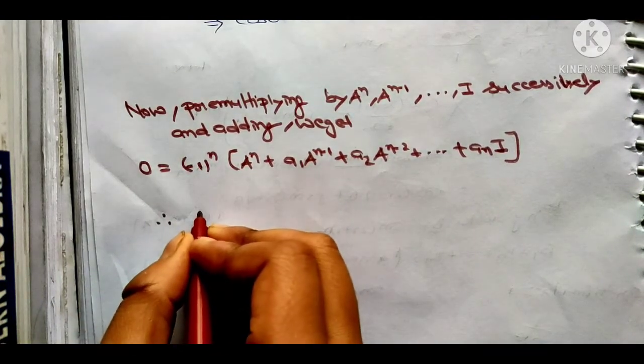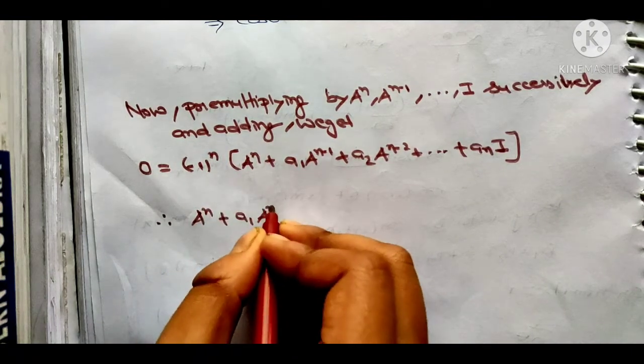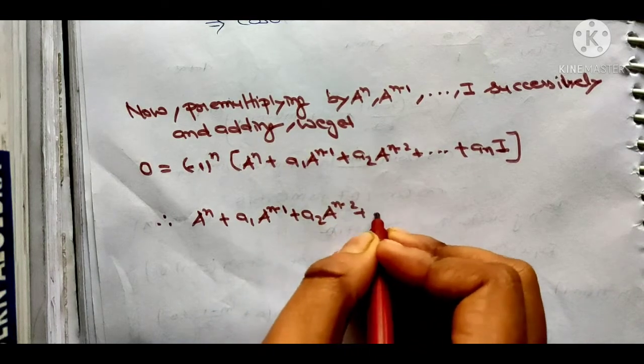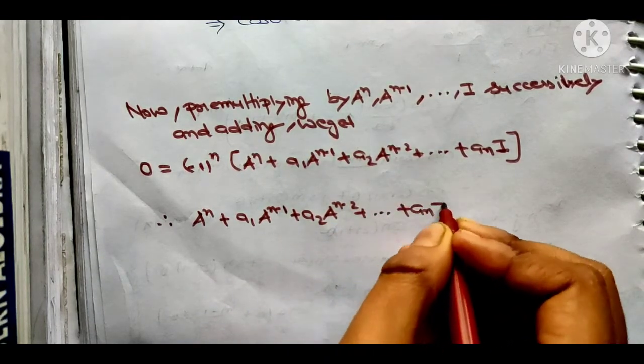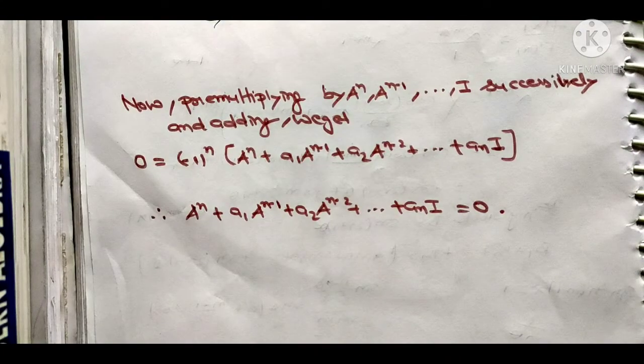Therefore, A^n + a1 A^(n-1) + a2 A^(n-2) + ... + an I is equal to 0, which is the proof of Cayley-Hamilton theorem.